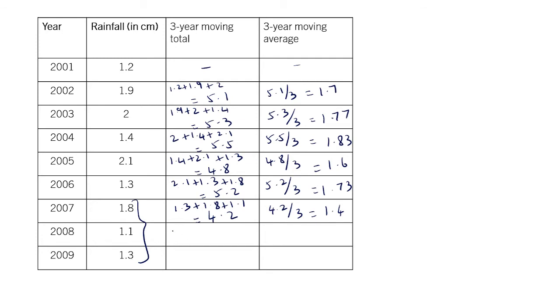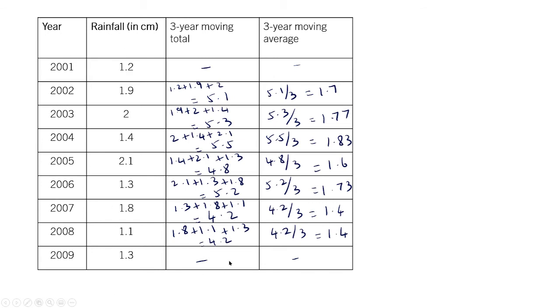So the 3-year moving total is 1.8 plus 1.1 plus 1.3. So it is again equal to 4.2. So the 3-year moving average is 4.2 by 3, which is 1.4. So this is the 3-year moving average for the given data.